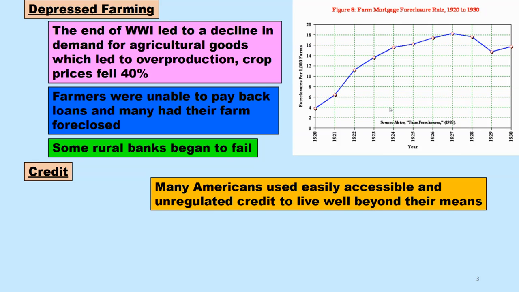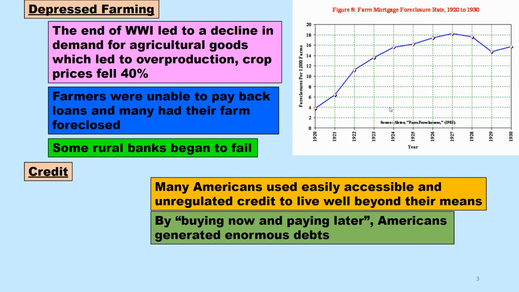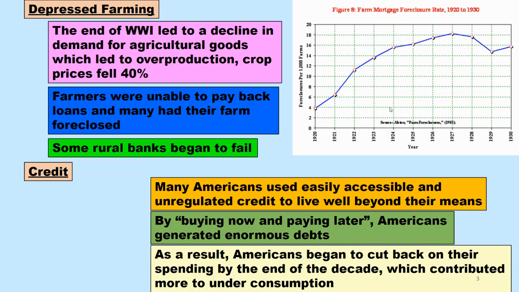In the 1920s, that didn't exist. So you could really take out as much debt as you wanted to take out without any issues. And so people were spending way more than they could actually deal with, and was causing some major problems like bankruptcy. Okay. So buying now, paying later, Americans are going to generate enormous debts.